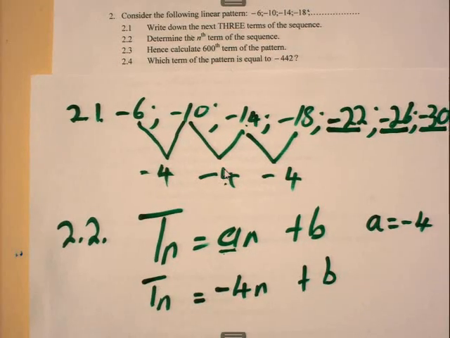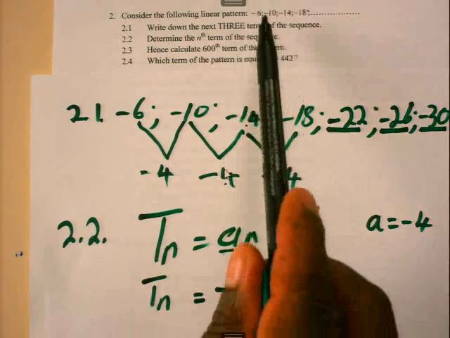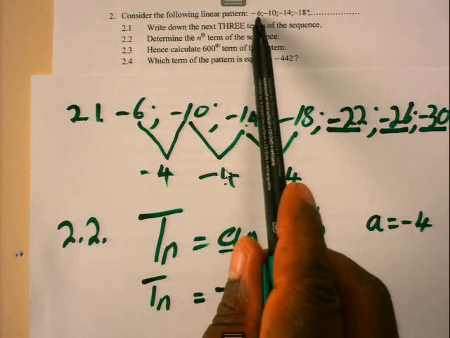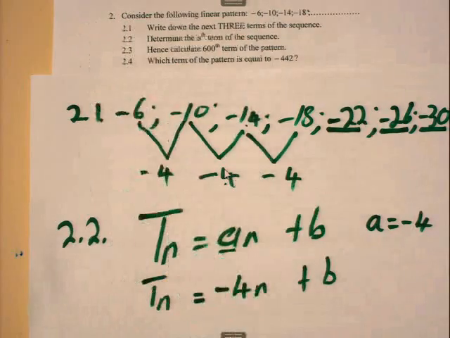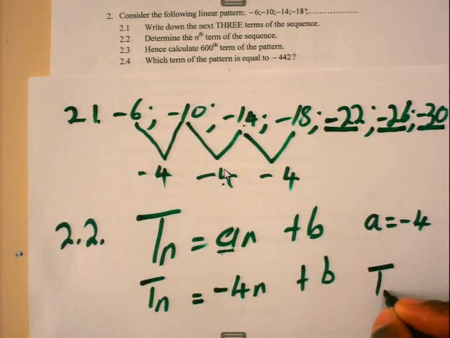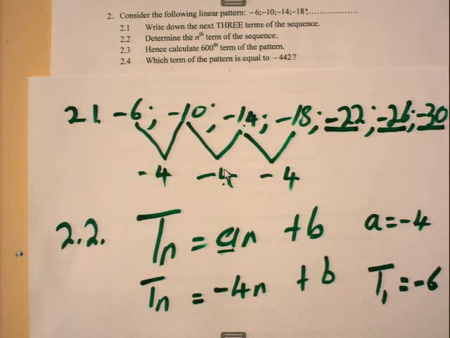So the question now is, how do we determine the value of b? Check the first term. In the sequence that is given, -6 is our first term. It means term number 1 is equal to -6. For n, we substitute 1.